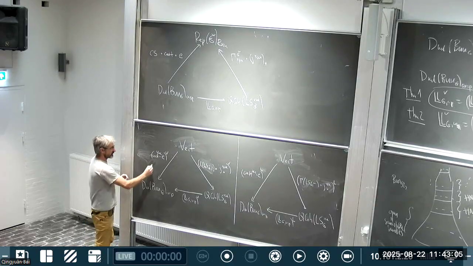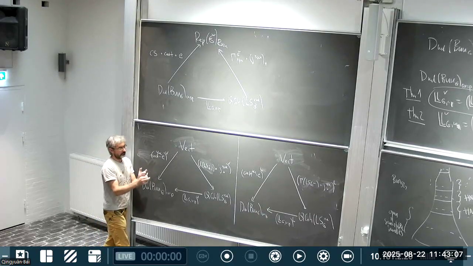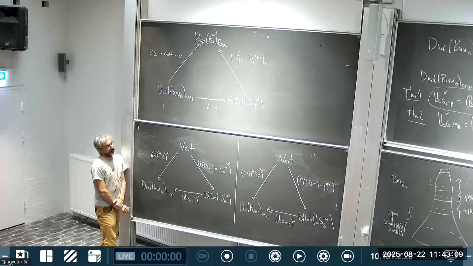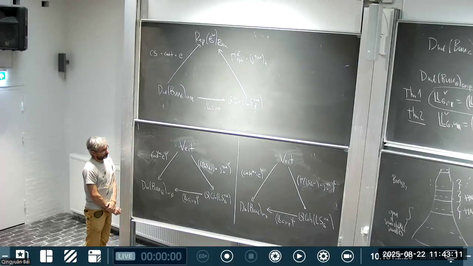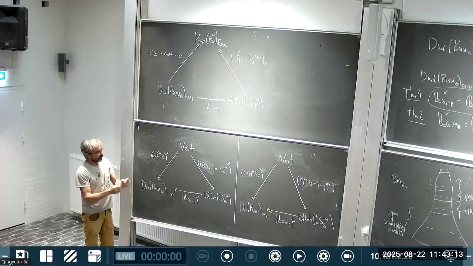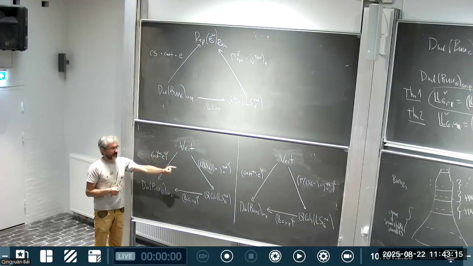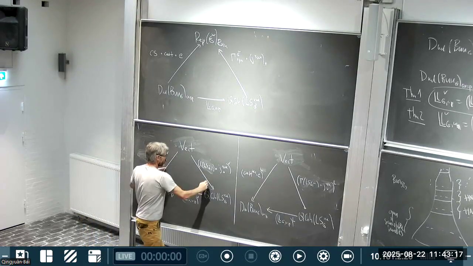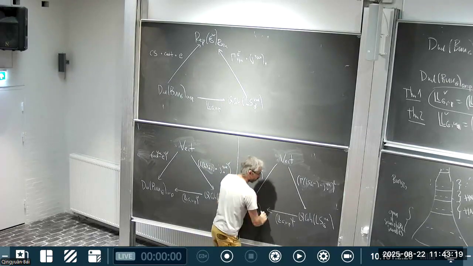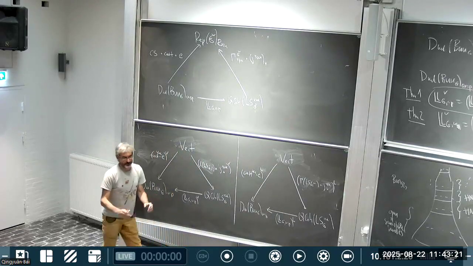What we're going to see is that, in fact, these triangles are identical, we'll see that both these arrows agree, and this will show that these arrows. That's the answer.